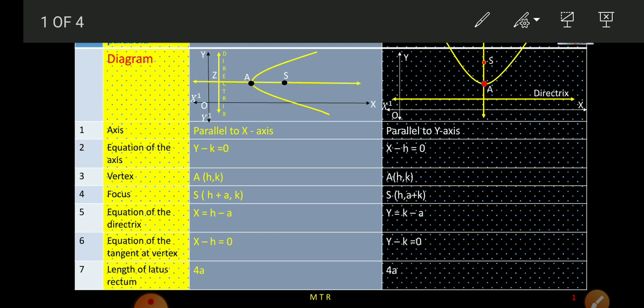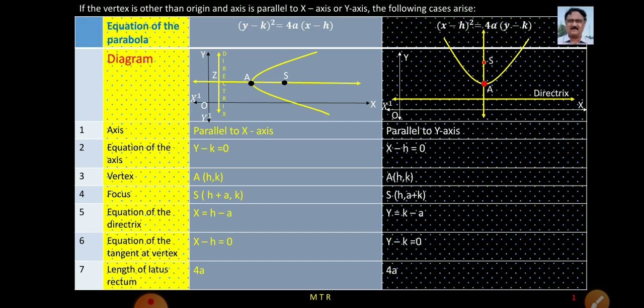Okay. Now we discussed six cases where the axis is either on the x-axis or on the y-axis, or parallel to the x-axis or parallel to the y-axis. Now we discuss another case, if the axis is neither parallel to the x-axis nor parallel to the y-axis.